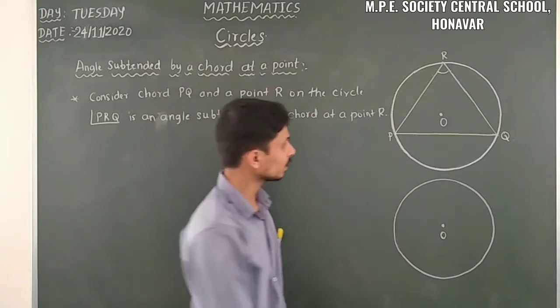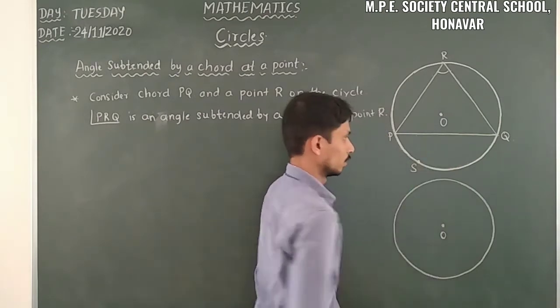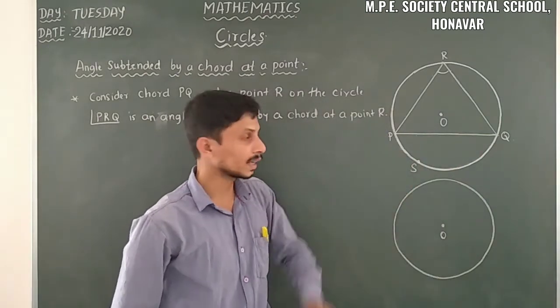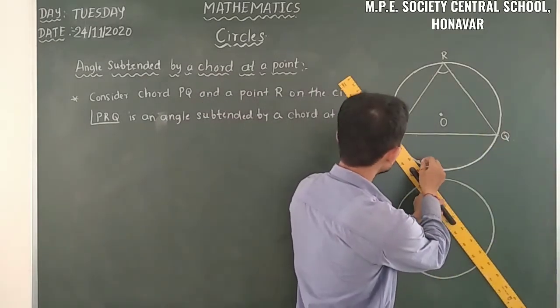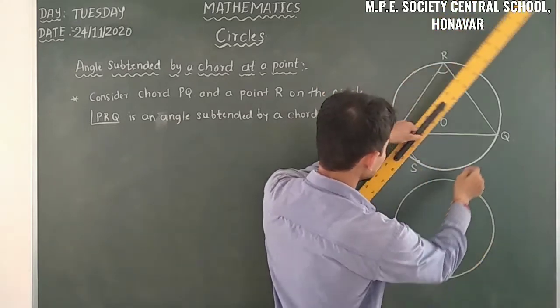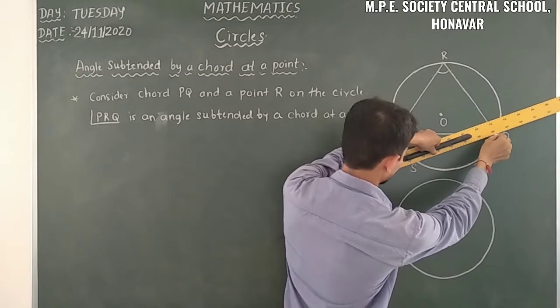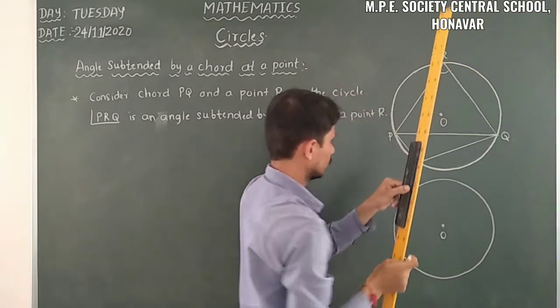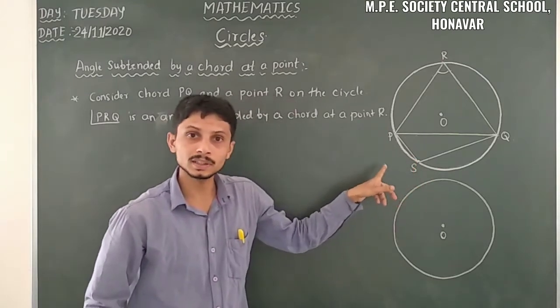Consider any point. Here I will take another point S. After that we have to join PS and QS. S is any one point on the circle.